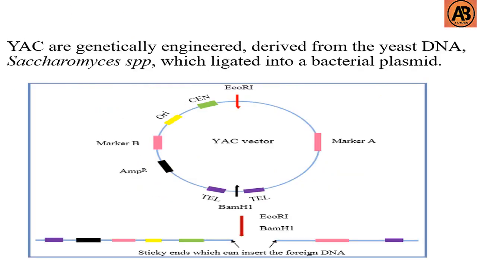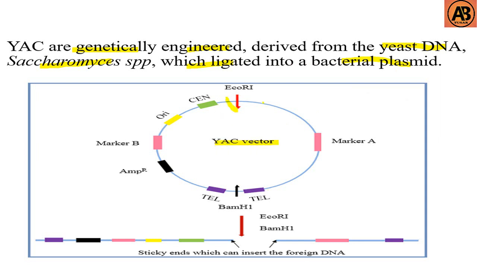Then YAC. YAC means yeast artificial chromosome. Yeast artificial chromosomes are genetically engineered, derived from yeast DNA, Saccharomyces species, ligated into a bacterial plasmid. Here you can see the yeast artificial chromosome.